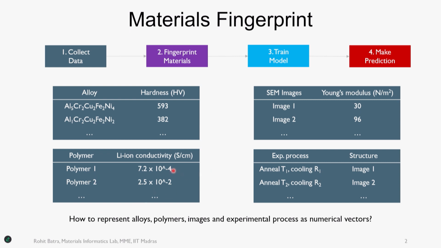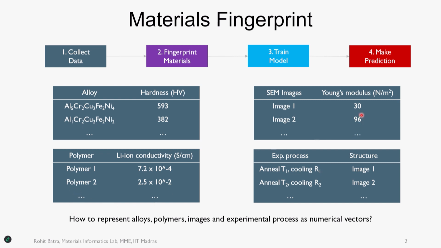Now, how are these polymers different? They could be chemically different, monomer wise. The monomer chemistry itself is different. Or it may be the same monomer chemistry, but it depends on their molecular weight, their polymer dispersity index, whether they are different or the same, things like that.